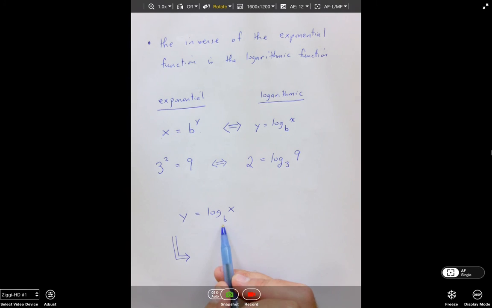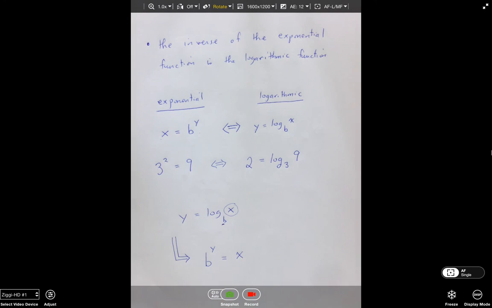So we start with the base and we ask ourselves, what exponent would we raise our base to get the value that is right there?